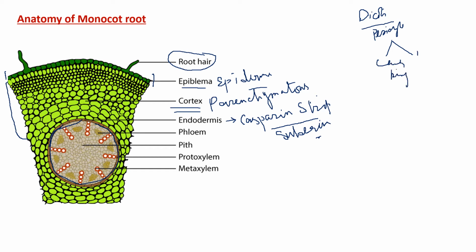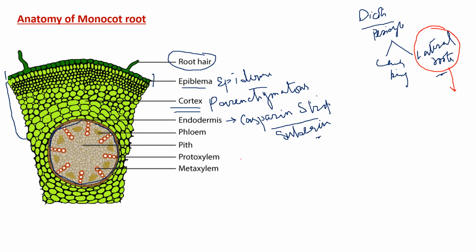And second, it forms the lateral roots. Secondary growth does not take place in case of the monocot root. So the only function that pericycle has in monocot roots is the development of the lateral roots.